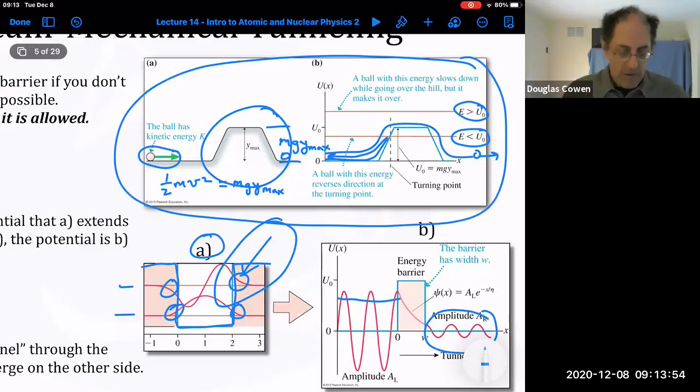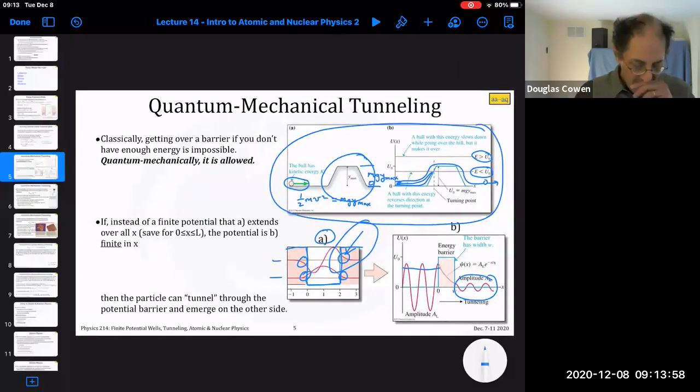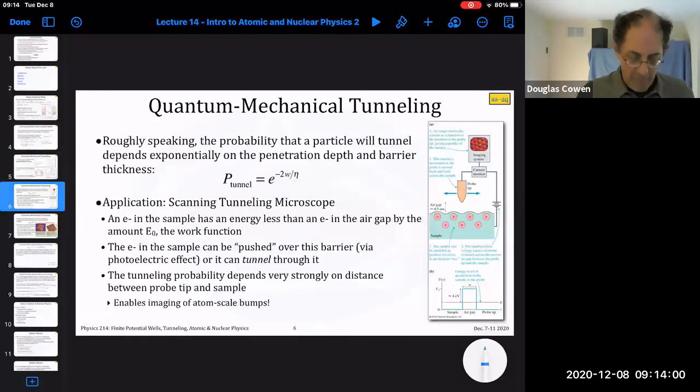So classically, that can't happen, but quantum mechanically it can. And the probability for it to happen, which is not derived here, but it is derived in the textbook, is a negative exponential, and it's equal to e to the minus 2 times the width of the barrier divided by the penetration depth.